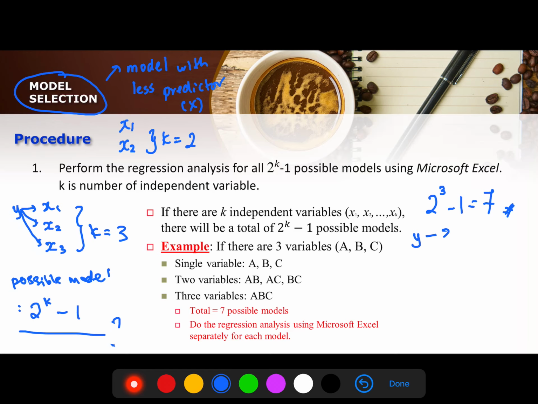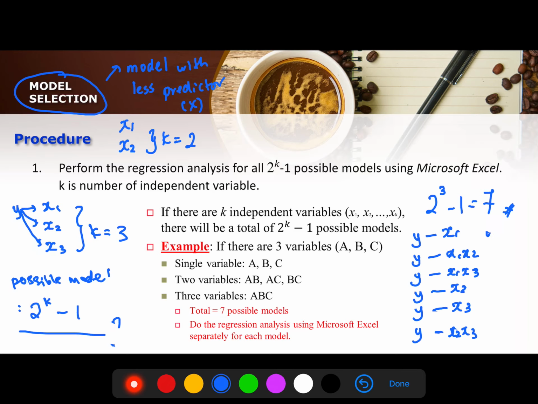Y depends on x1. Y depends on x1, x2. Y depends on x1, x3. Y depends on x2. Y depends on x3. Y depends on x2 and x3.